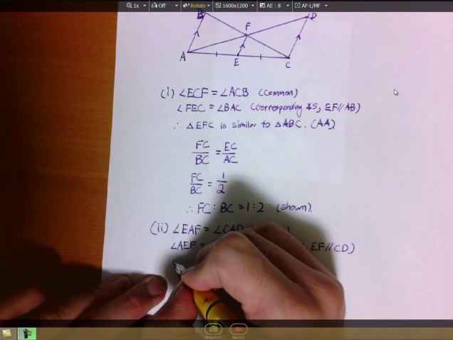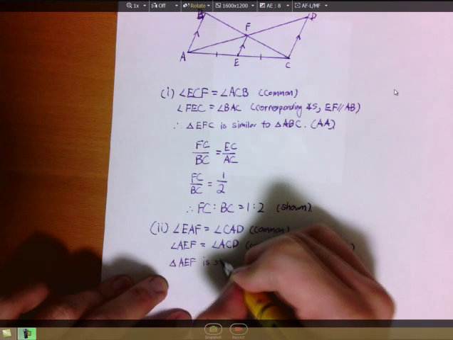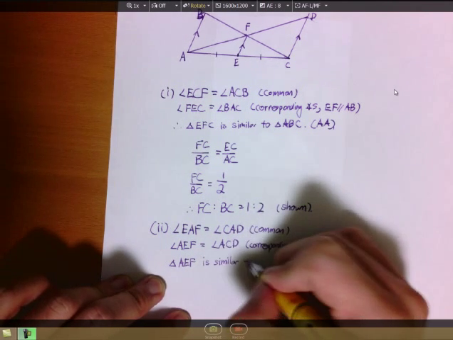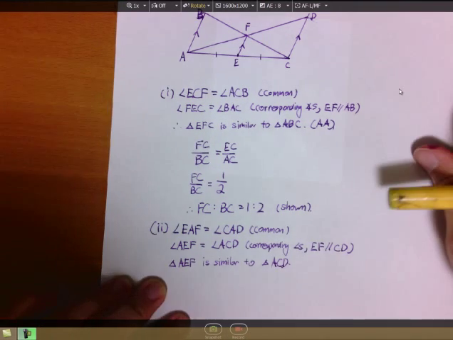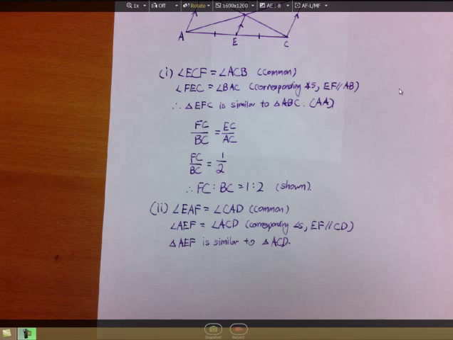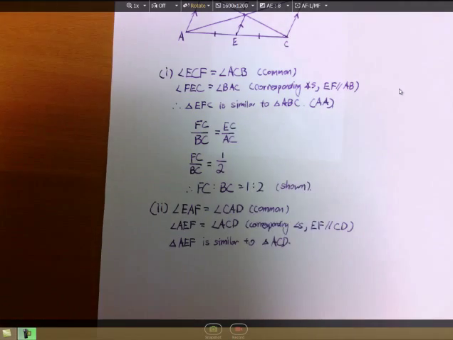Therefore, I can conclude that triangle AEF is similar to triangle ACD by angle similarity.